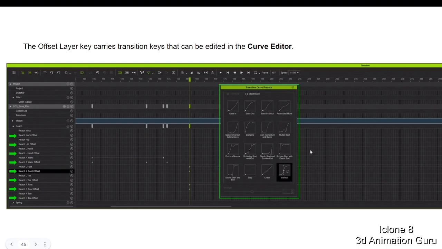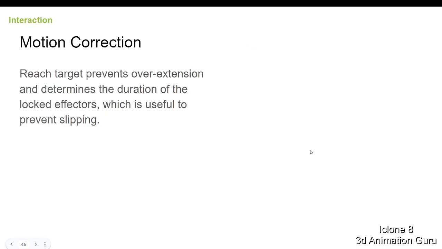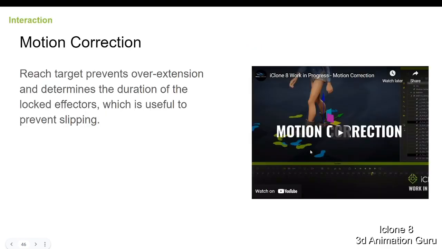So then we have the motion correction, and we have the reach target, which prevents over extension and determines the duration of the locked effector, which is useful to prevent slipping. So let's see.